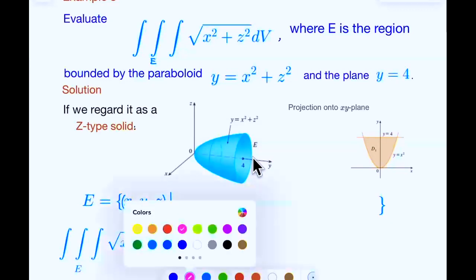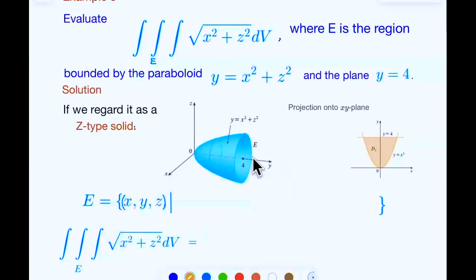Let me highlight this for you. So y equal to 4. There's this string over here. That is y equal to, I should use a different color because I used orange.